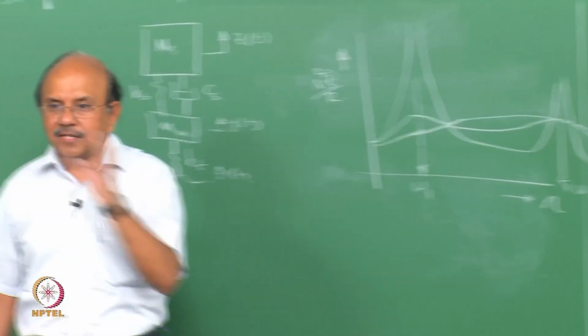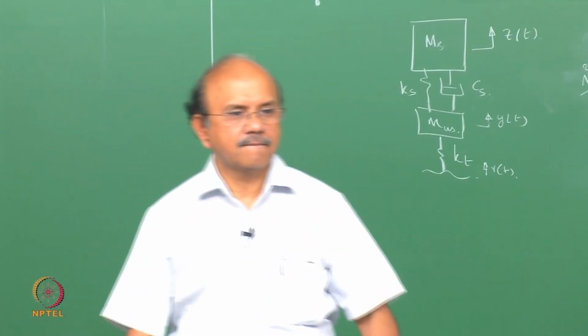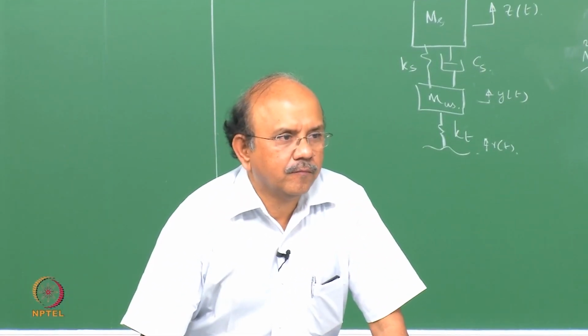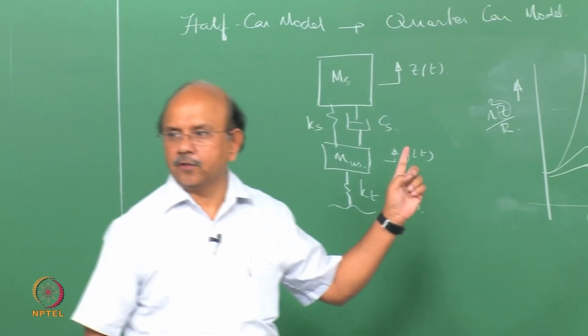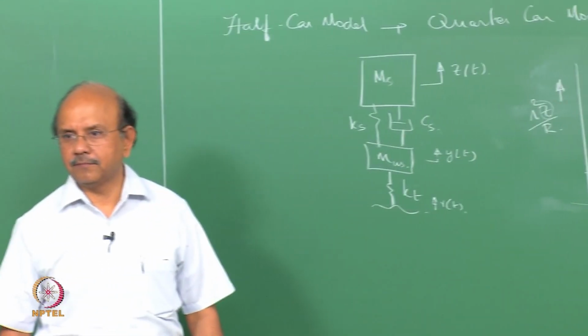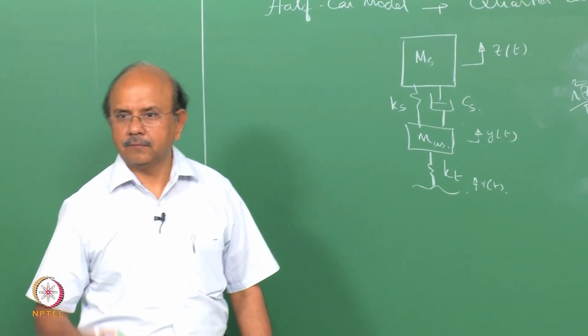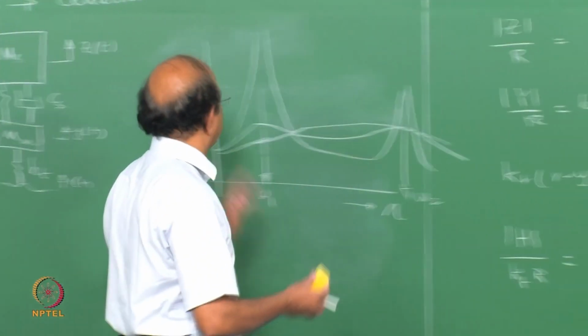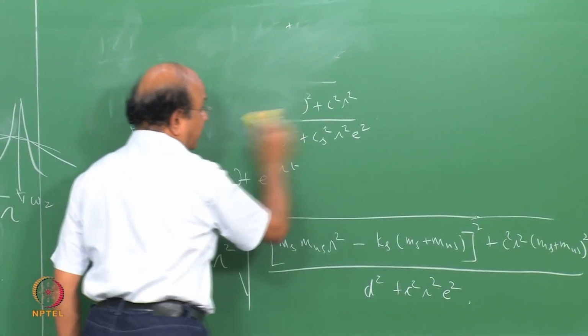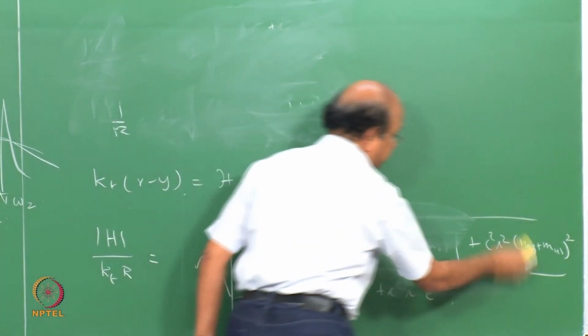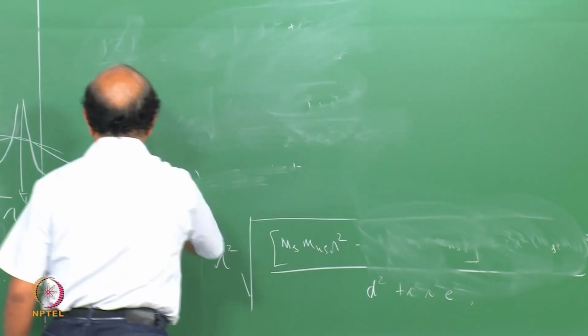In order to understand this, is this clear? We are now going to see how we get this graph. That's going to be my derivation. So with that background, let's quickly run through this. This is stuff which you know already. I'm not going to spend a lot of time on this.